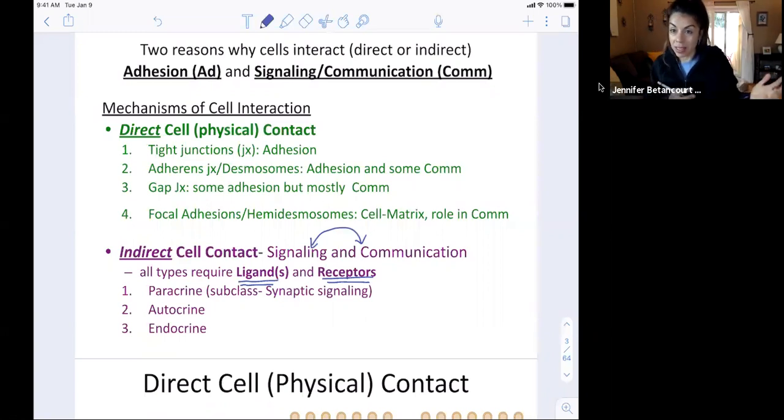The subject line is the ligand, and your finger pushing open is the receptor. You're receiving my email. Okay, and so there's three mechanisms here. There's paracrine, autocrine, and endocrine, right? And they have different reasons, but they're all indirect, and they're all for communication, and they all use ligands and receptors. Okay, let's get started.